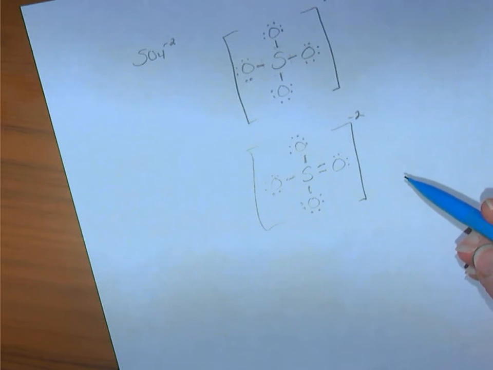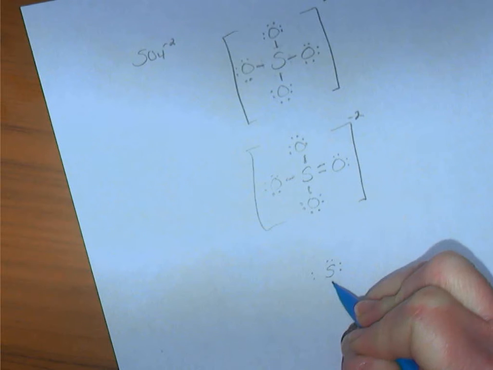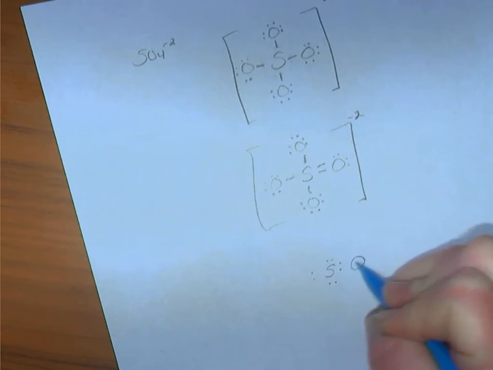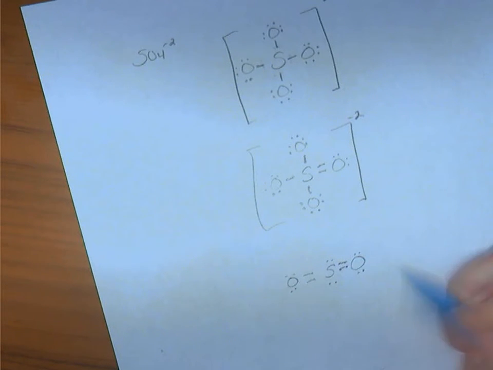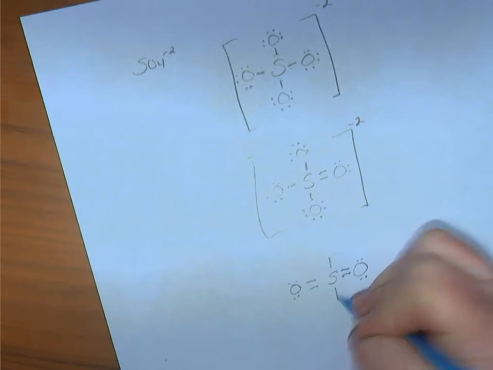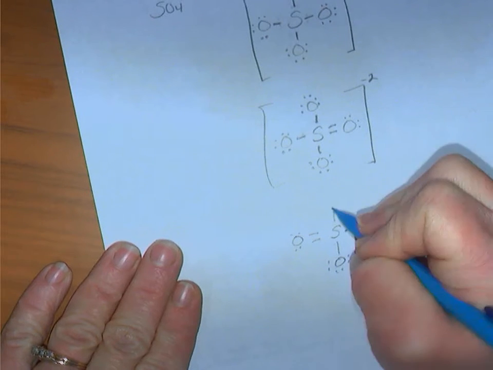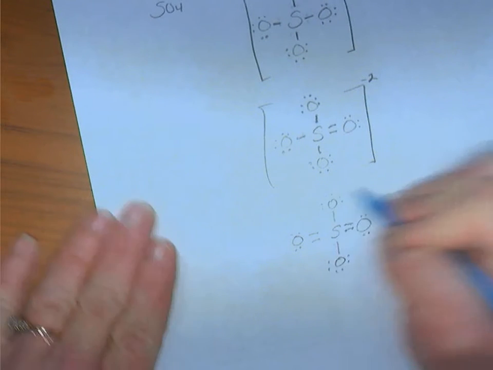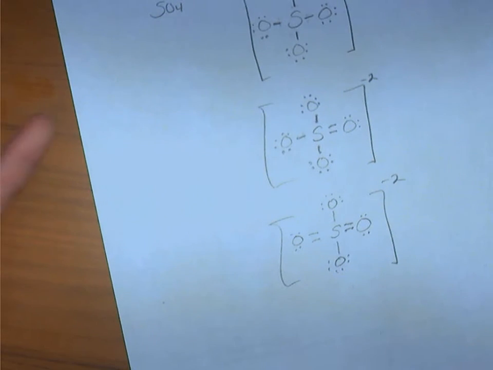Well, could we have 2 double bonds? I mean, could 2 of the oxygens double bond? And then we have 2 coordinate covalent bonds. Or, gosh, while we're at it, could we have 3? Could we have 4? How do we know?